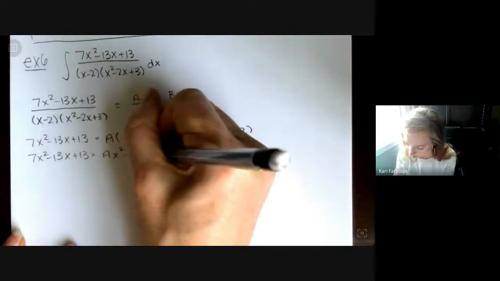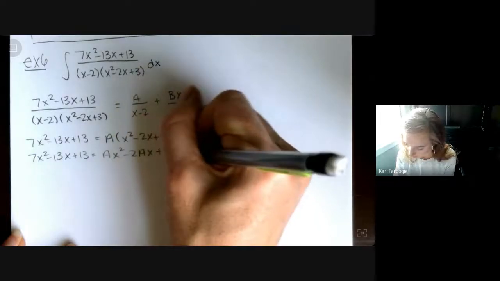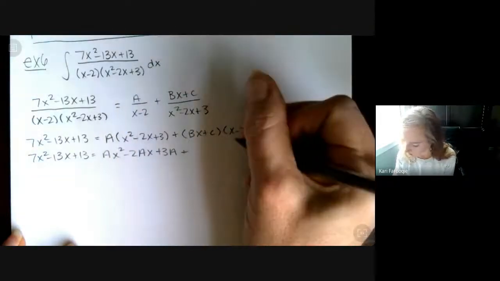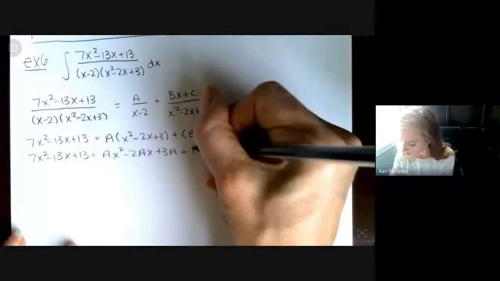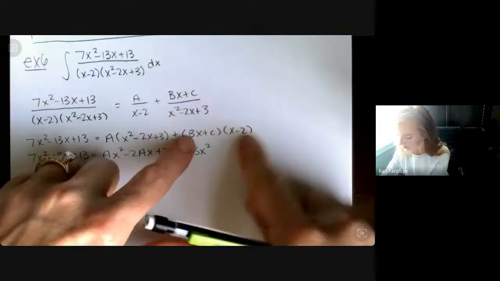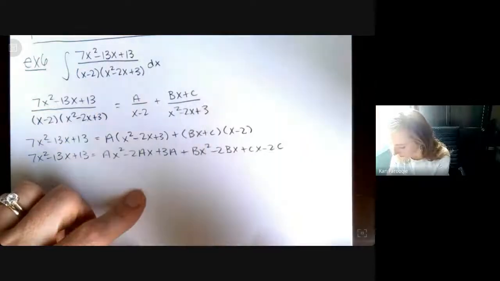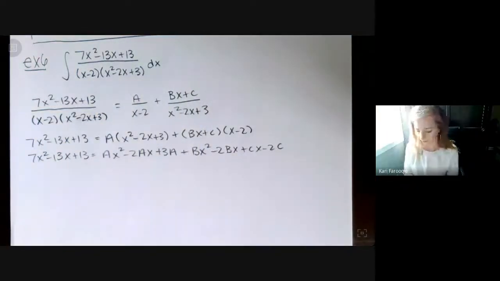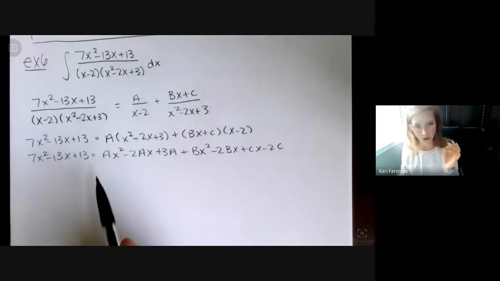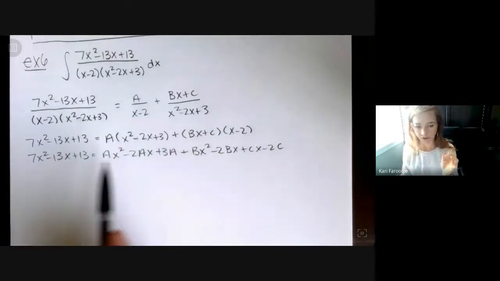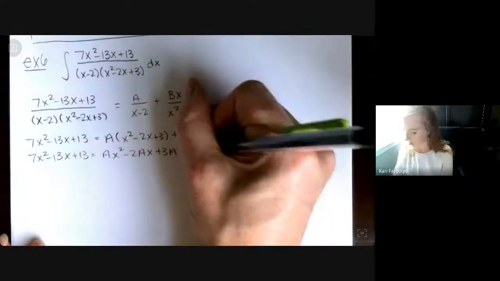Ax squared minus 2Ax plus 3A plus, here we've got Bx squared minus 2Bx plus Cx minus 2C. And I know I'm going through this a little bit quickly just because it's your algebra, but be careful here. This is where a lot of little mistakes happen and they have a big effect.